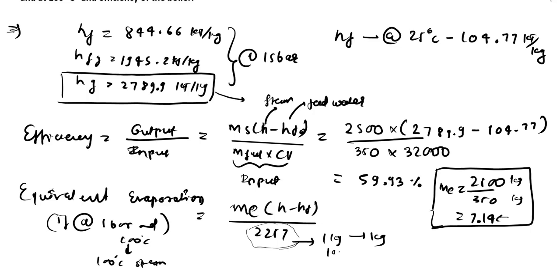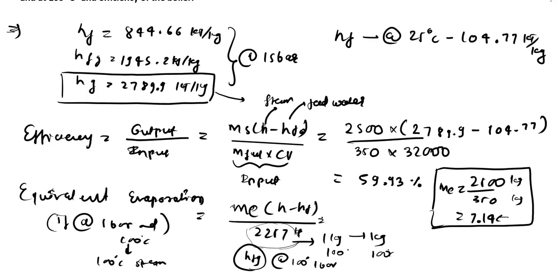So 1 kg of water at 100 degrees Celsius converted into 1 kg of steam at 100 degrees Celsius needs this much enthalpy, in kilojoules, at the standard condition. This is the value of Hfg, the latent heat, and you can check the steam table at 100 degrees Celsius and 1 bar to get this value.